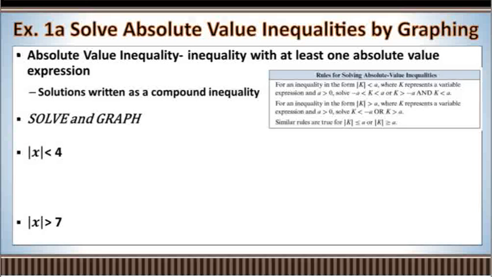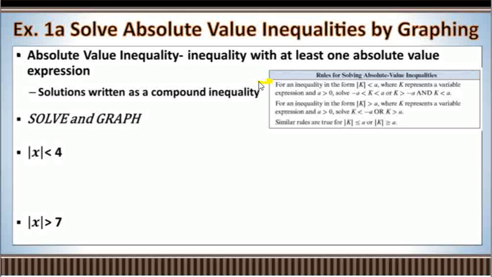And just some rules for solving absolute value inequalities. For an inequality in the form of the absolute value of k less than a, where k represents a variable expression and a is greater than 0, you would solve negative a is less than k, which is less than a.